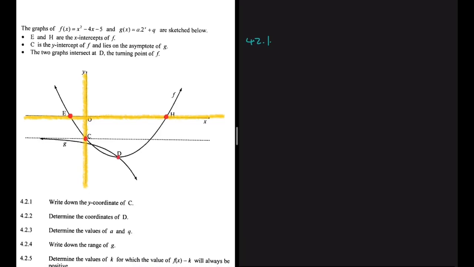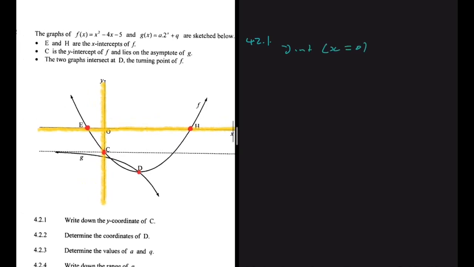So the first question, the y coordinate of C. So C is the y-intercept of f. If we're looking for the y-intercept, we always let x be equals to 0. So for that function f of x, if we do that, we're going to get f of 0 being equals to 0 squared minus 4 multiplied by 0 minus 5.